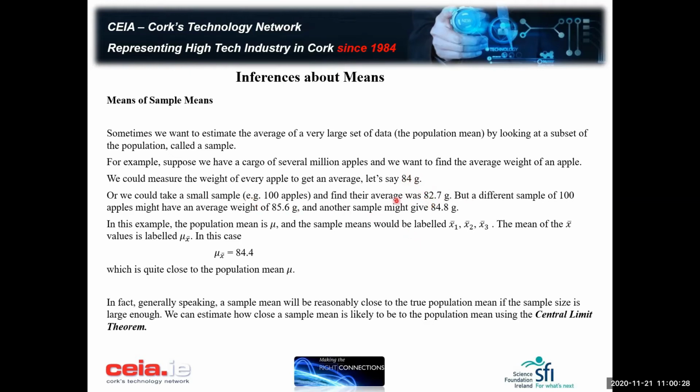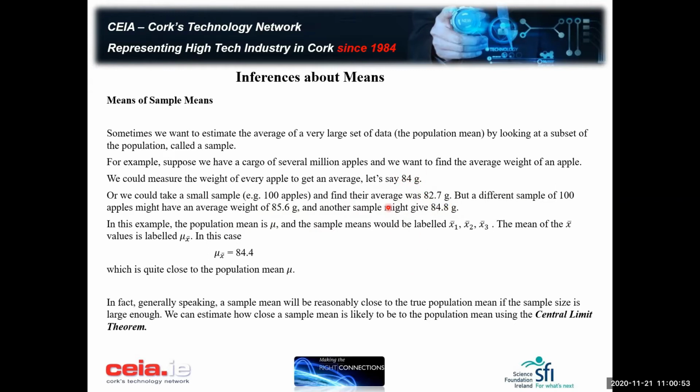If you took another sample of 100 apples, you might get a slightly different average. Here I said 85.6. Again, it's not quite exact for the whole population. It's in the ballpark. And you can take another sample again, and you get another value, which is again close to the real population average.